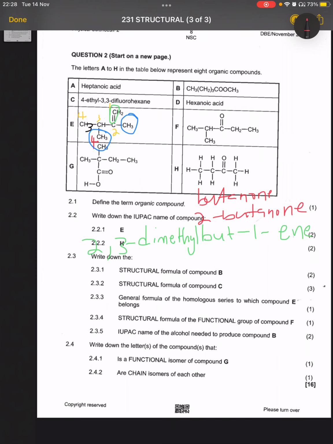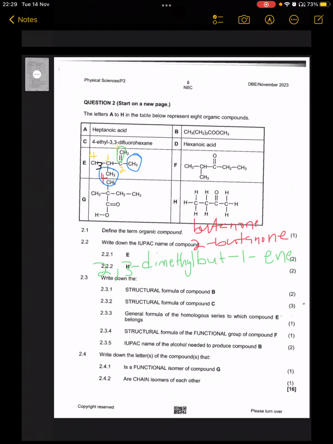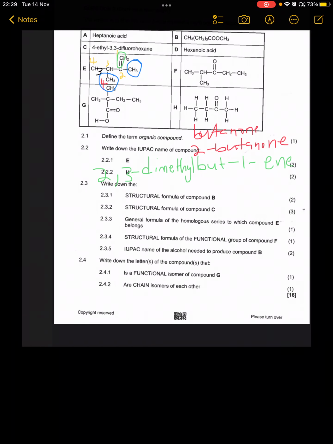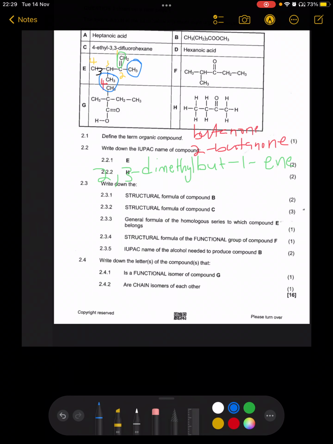Then they want the structural formula of compound B. Now with this one, I think we have to get a bigger screen. Let's take this one out. Done. What's the name of compound B? Compound B is CH3 with 3 CH2s and a C double bond with an O and a CH3. I might need to take this one down a little bit.